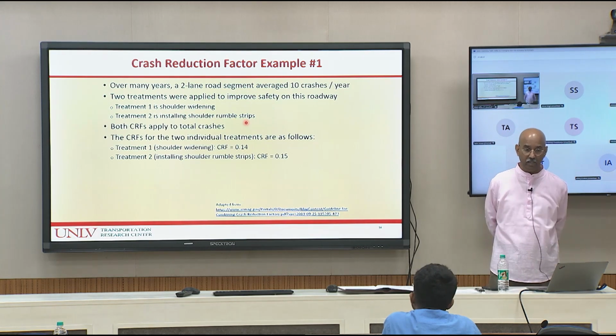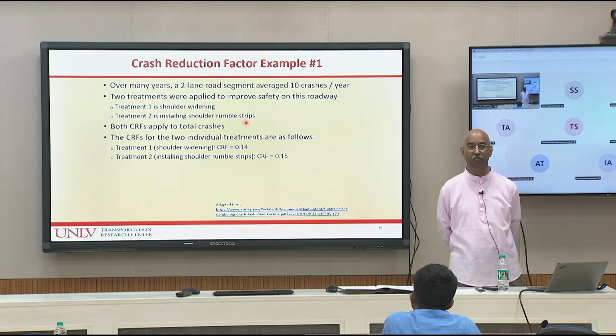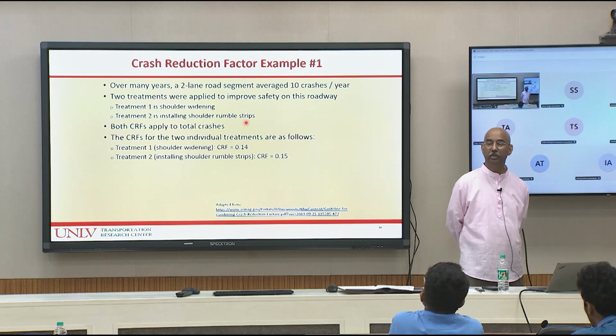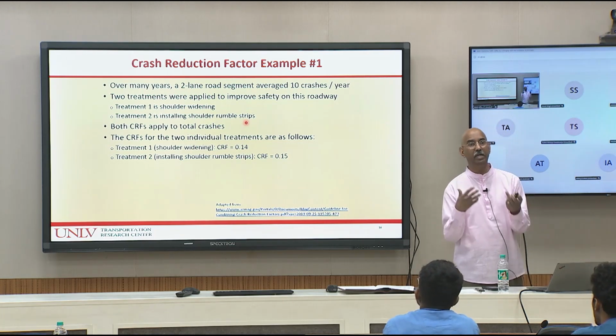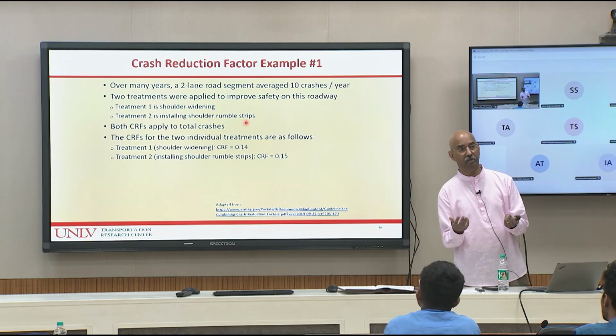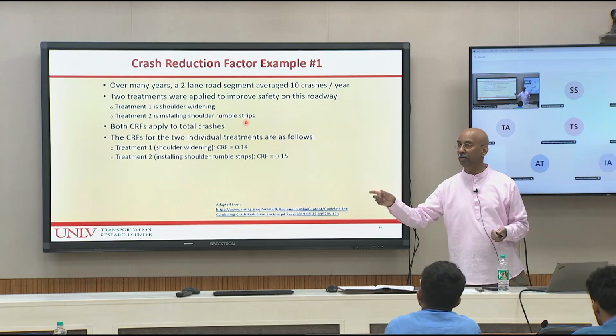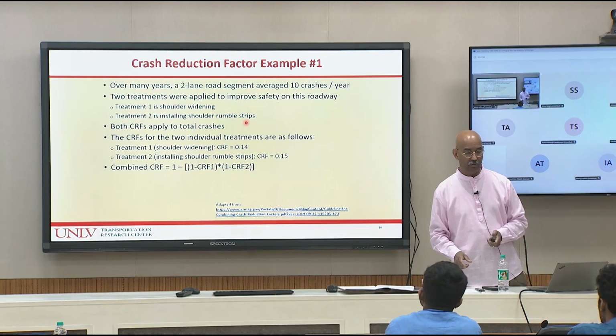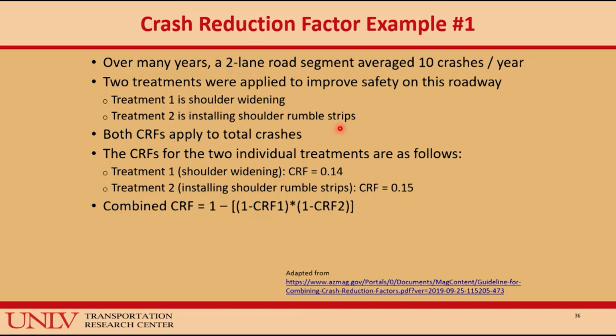So for treatment 1, the crash reduction factor is 0.14, and for treatment 2, the crash reduction factor is 0.15. So what is the combined benefit that we will derive by implementing these 2 countermeasures? So just as I said at the bottom of the last slide, the combined CRF will be 1 minus (1 minus CRF1) times (1 minus CRF2).